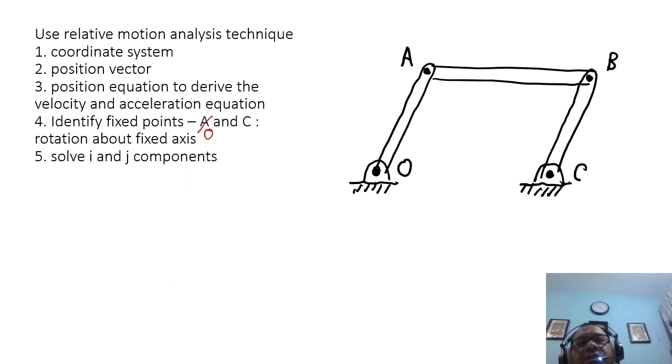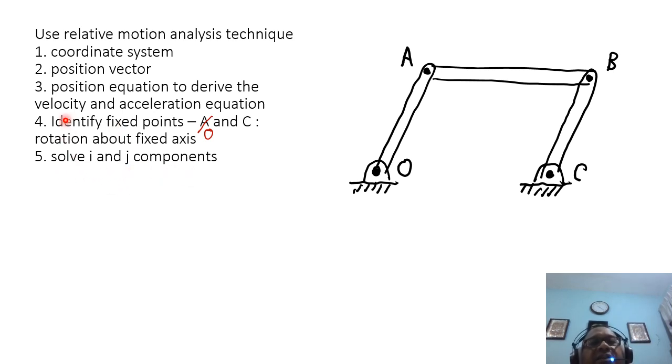O is fixed. This point is fixed O, and C is fixed, so that we know we can use that link OA is rotating about a fixed axis O, and link BC is rotating about a fixed axis C. So you can use that equation of rotation about fixed axis, which is the basis of all of our analysis, and then from there we identify the I and J components.